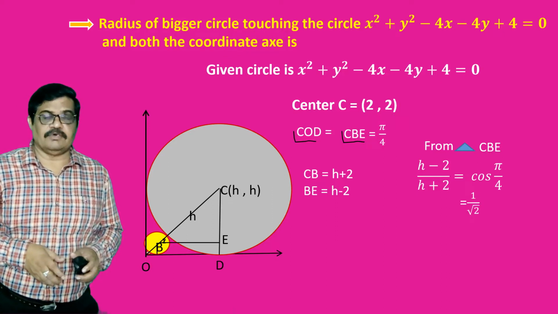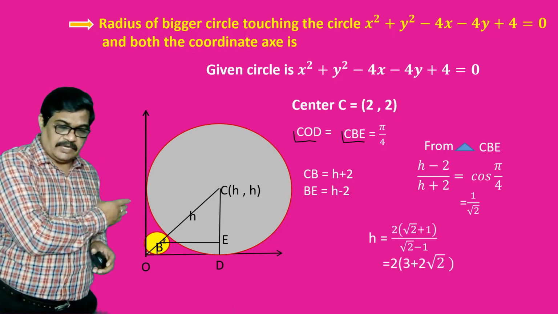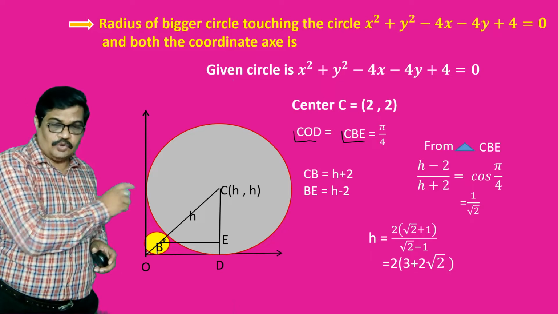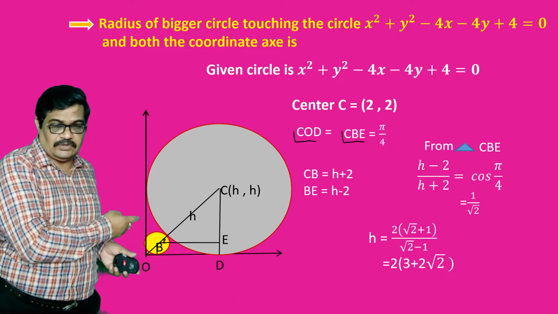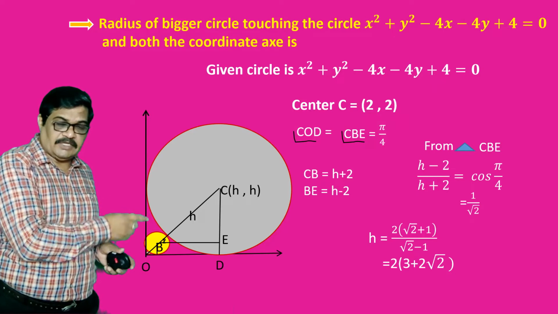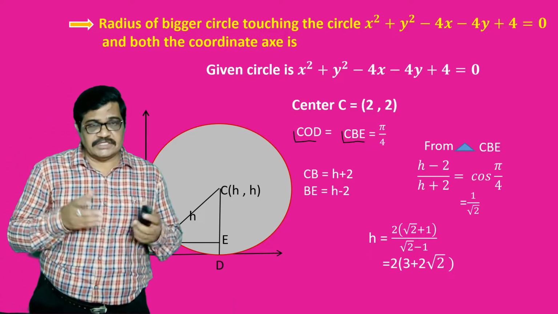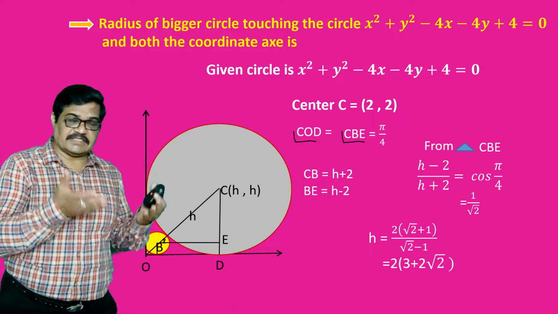Now we simplify this equality. From that, h = (√2 + 1)/(√2 − 1) times 2. After rationalizing, we get h = 2(3 + 2√2). This is the h value. What is the h value? That is the radius of the bigger circle.